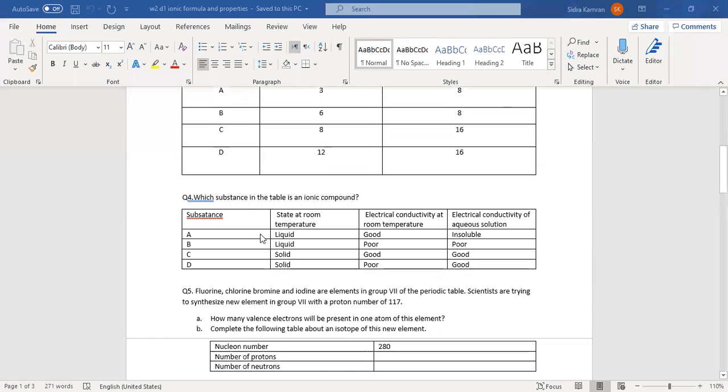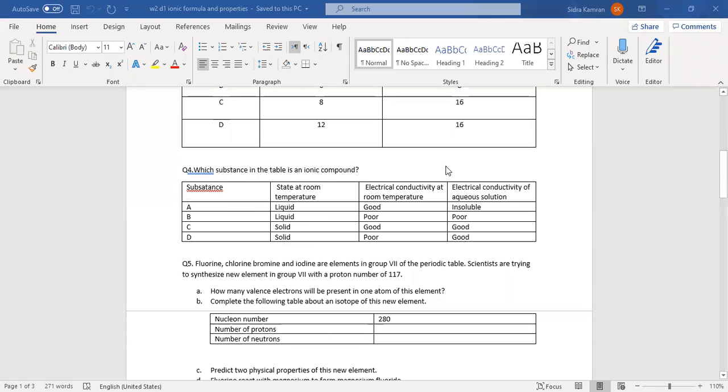Which substance in the table is an ionic compound? This is a table and you have to show which one is an ionic compound. As we know, ionic compounds are formed by the combination of metals and non-metals, and ionic compounds are solids in nature. Their state at room temperature is solid.